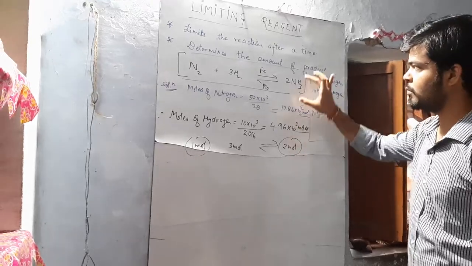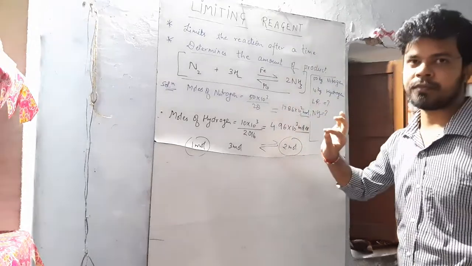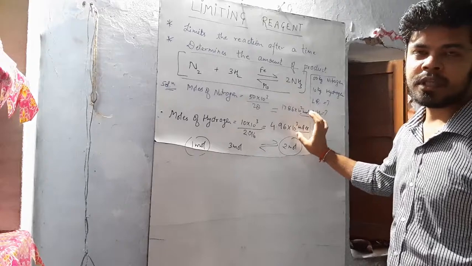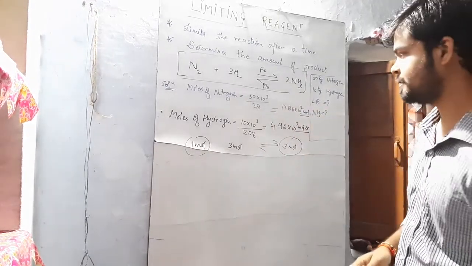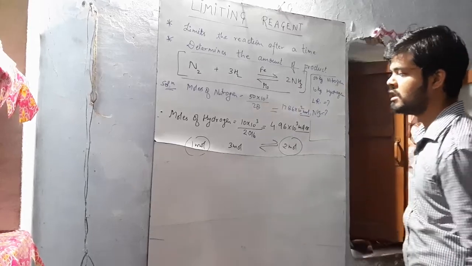Our interest in ammonia will be involved later here. Okay, we are interested here, but we will see it later. So now 1 mole nitrogen requires 3 moles hydrogen.